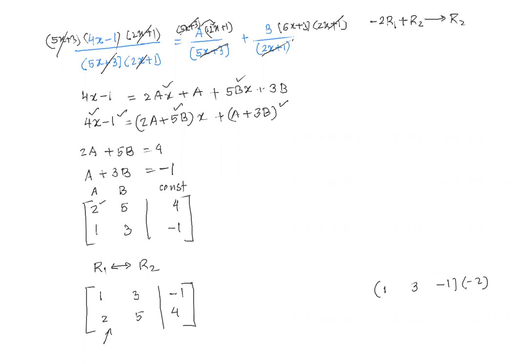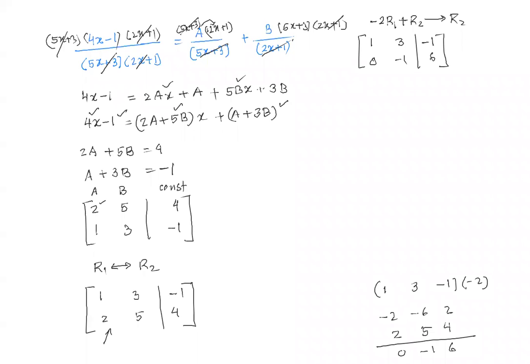That's going to give me -2, -6, 2. And take that result and add it to row 2, which is 2, 5, and 4. There's going to be 0, -1, 6. This turned out to be really nice. So it's going to be 1, 3, -1, 0, -1, and 6.